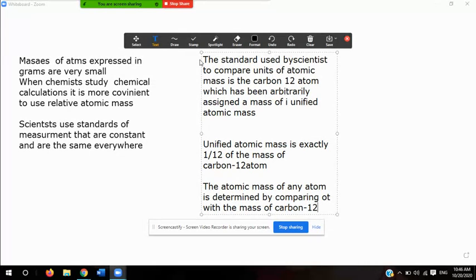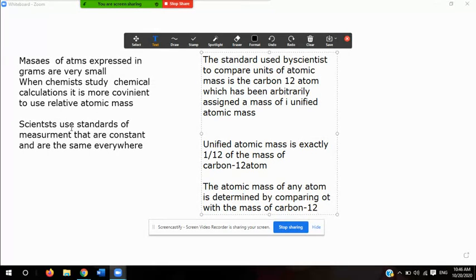So there's a lot of information here, but real quick, the most important thing to understand is that masses of atoms expressed in grams are very small, and when chemists study chemical calculation, it is more convenient to use relative atomic mass. Also, it's well worth noting that scientists use standards of measurement that are constant and are the same everywhere.